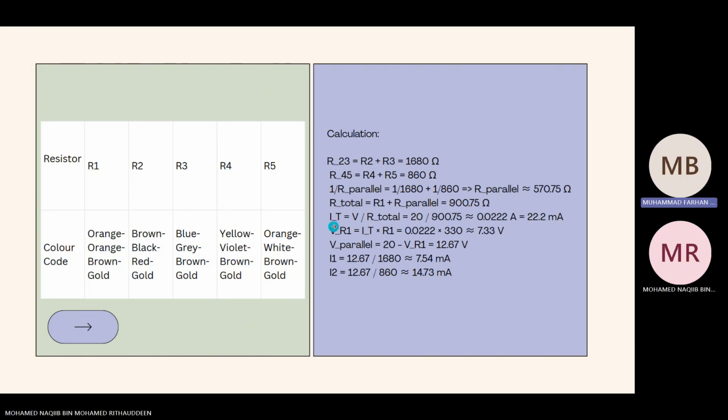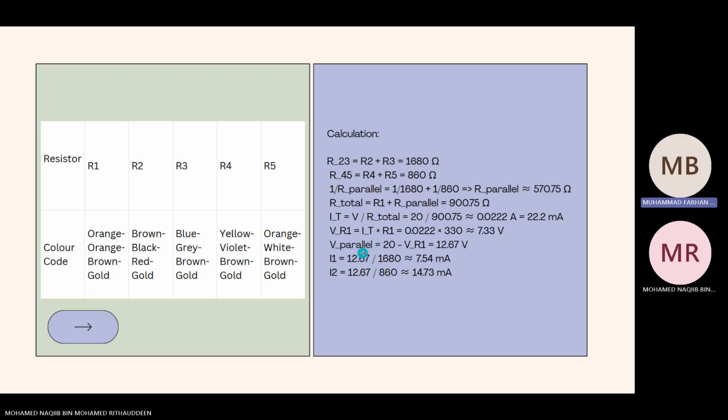The total current from the 20 volt power supply is I equals 20 divided by 900.75, which equals 0.022 ampere. So the voltage across R1 is 22.2 milliampere times 330 ohm, which equals 7.33 volt.